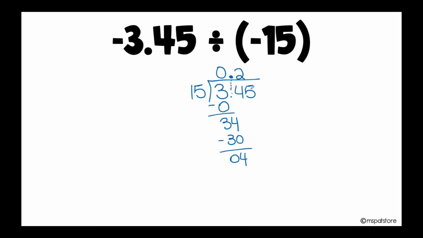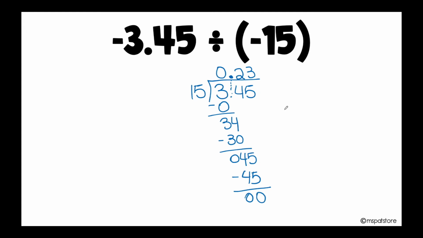So now I'm ready to bring down the 5. Let's see. 15 fits into 45 3 times because 15 times 3 is equal to 45. 45 minus 45 is 0.